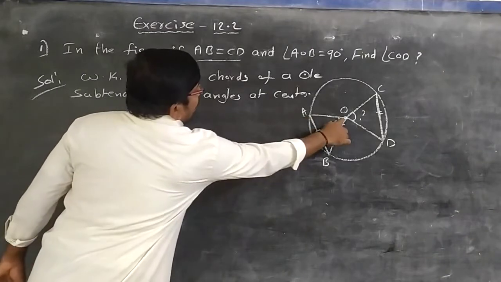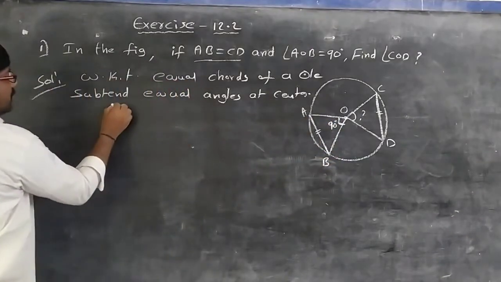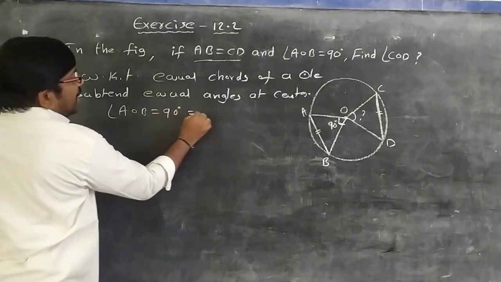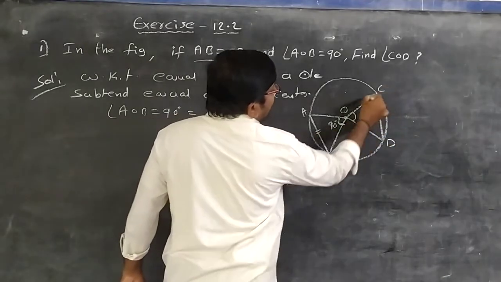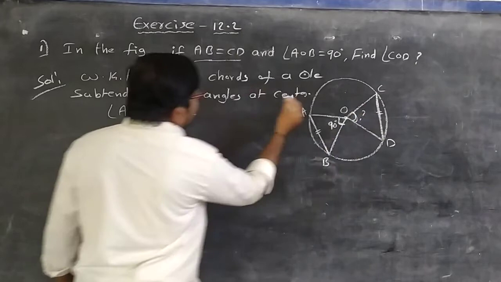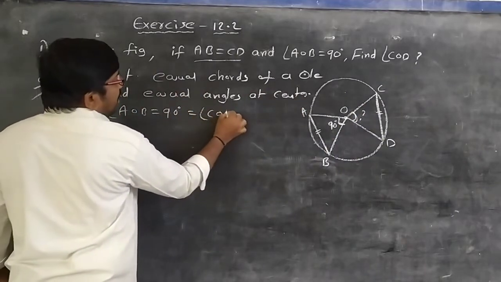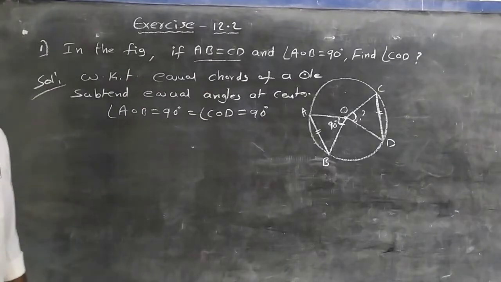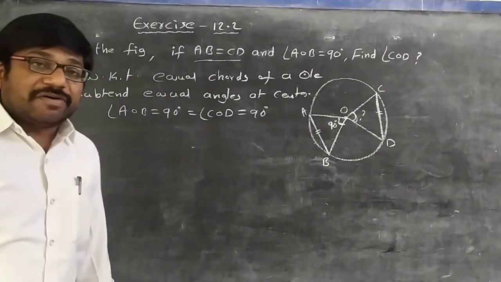See, angle AOB is 90 degrees, then angle COD is also 90 degrees. Angle COD also 90 degrees, right? So this is one of the methods, from theorem 1.